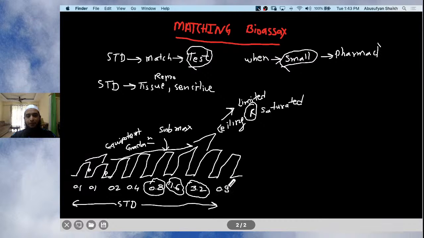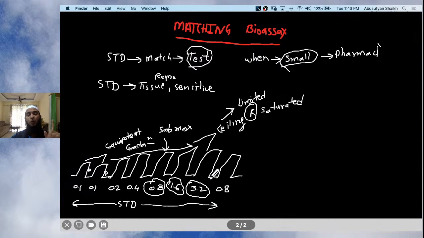So this is the submax dose, and when you measure their height, it is exactly the same as the earlier 0.8 dose. So it indicates that your tissue is still as sensitive and as reproducible as earlier, isn't it? So now you have confirmed that your tissue is sensitive, and your tissue is giving reproducible responses.